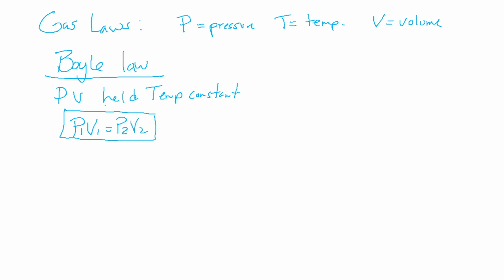This again is at constant temperature. And what we see in this case, or what Boyle saw in this case, was as the pressure went up, the volume went down, and vice versa. As the pressure went down, we saw an increase in the volume.